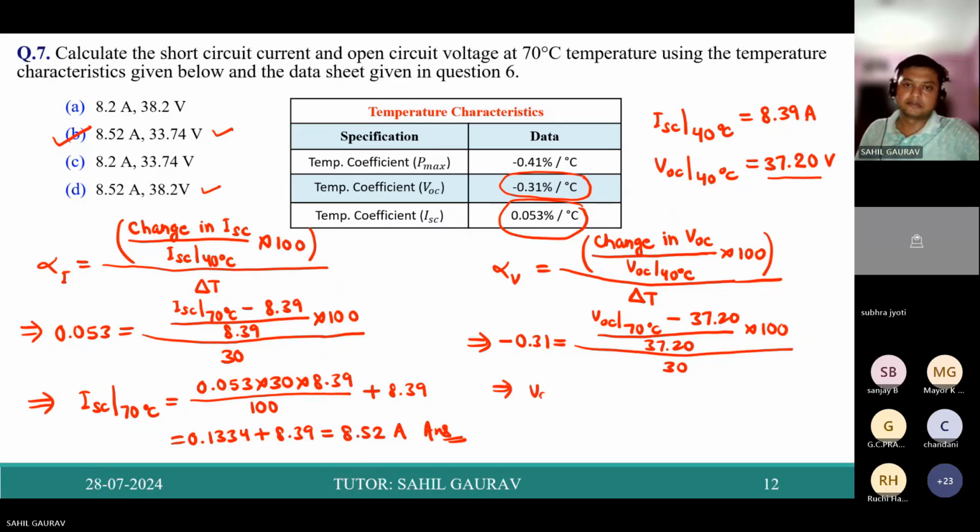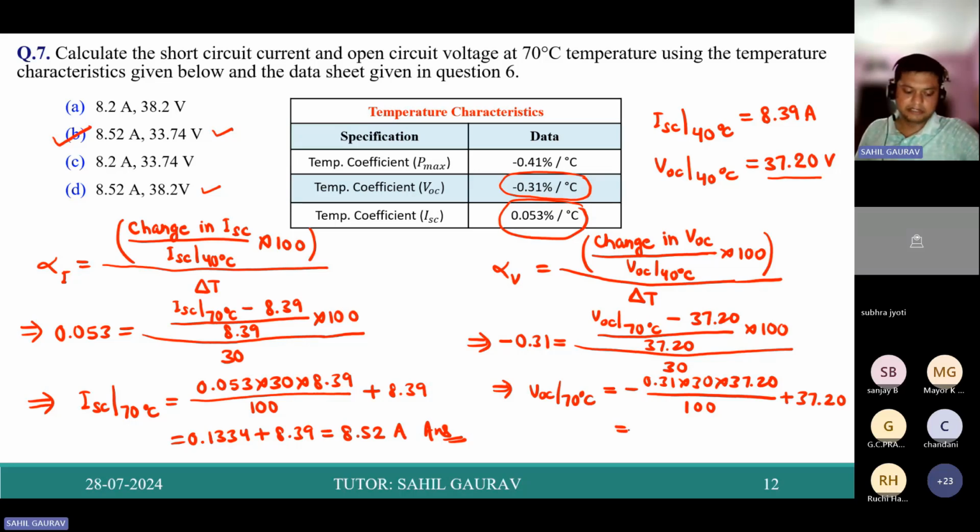So VOC, the open circuit voltage at 70 degrees Celsius, will be minus 0.31 into 30 into 37.20 upon 100, plus 37.20.